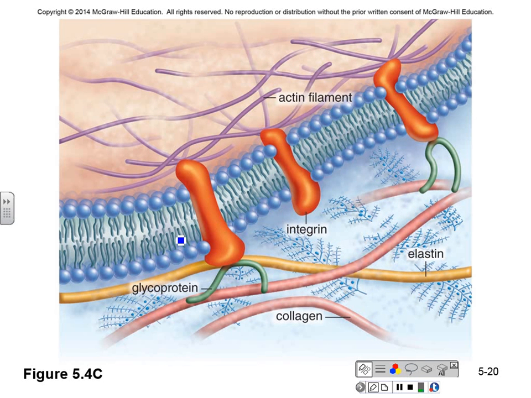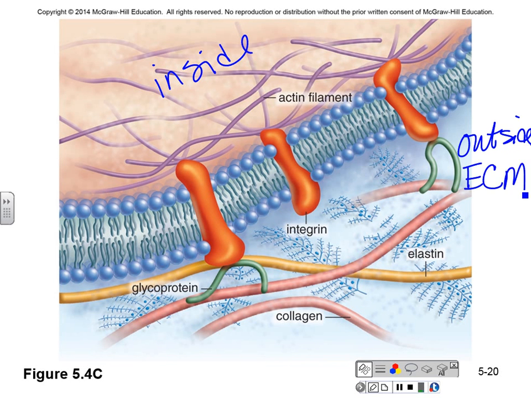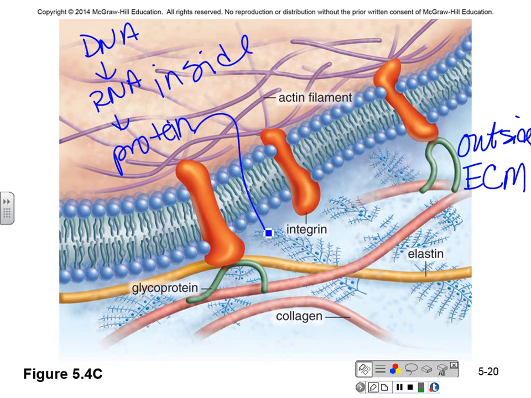The last thing they want me to mention is for you to realize there's something called extracellular matrix. So this is inside the cell, and this is outside, and sometimes they call this extracellular matrix. So remember how we had our DNA, and then we had our RNA, and then we made our protein, and then I said sometimes those proteins are shipped out of the cell.